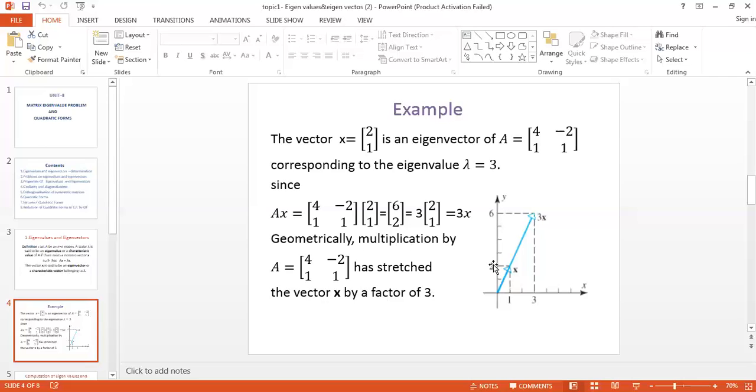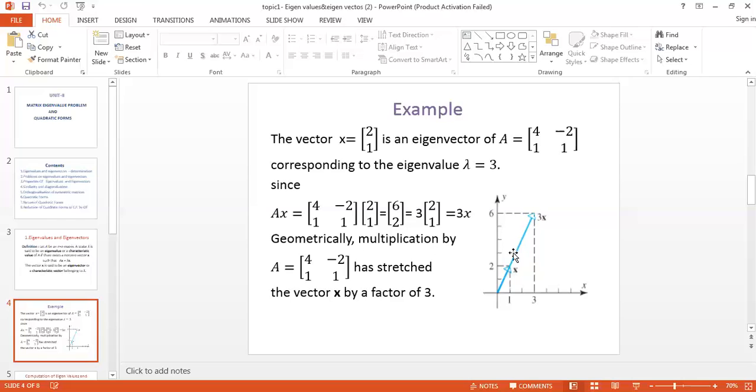So the meaning is, what is our vector? x equals (2, 1). This is our vector. Multiplying with A, then Ax becomes (6, 2). So this is 3 times x.